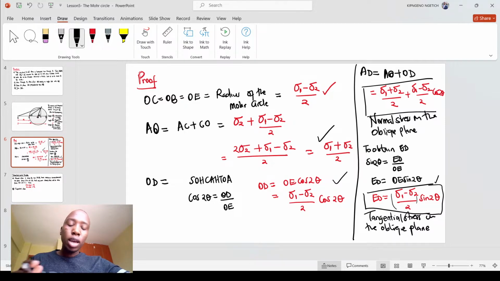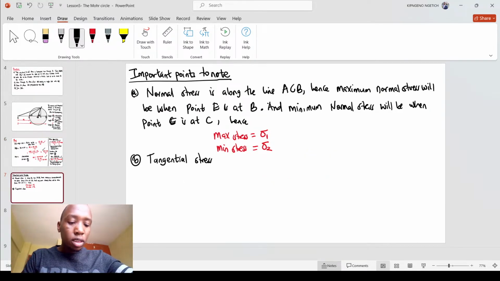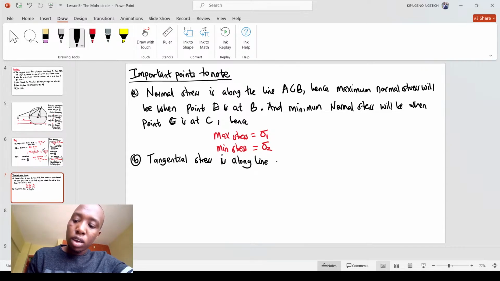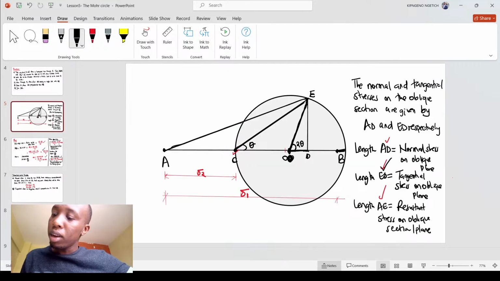What about if we analyze it from the graphical perspective? Tangential stress is along a line which is perpendicular to line CB.